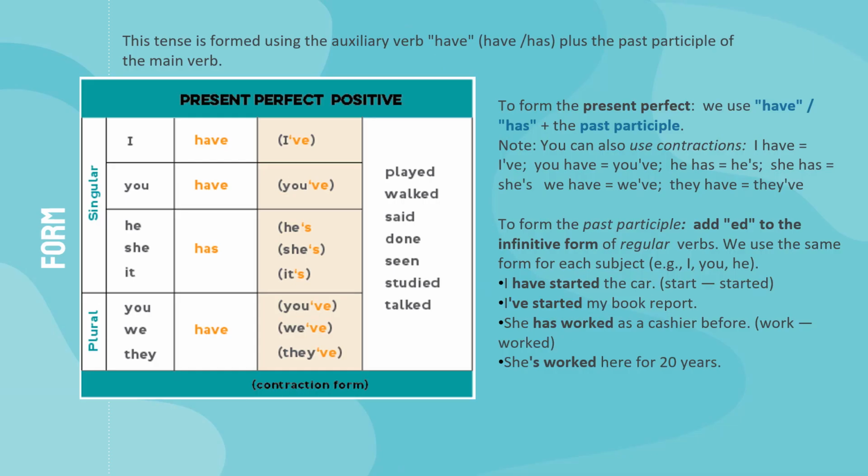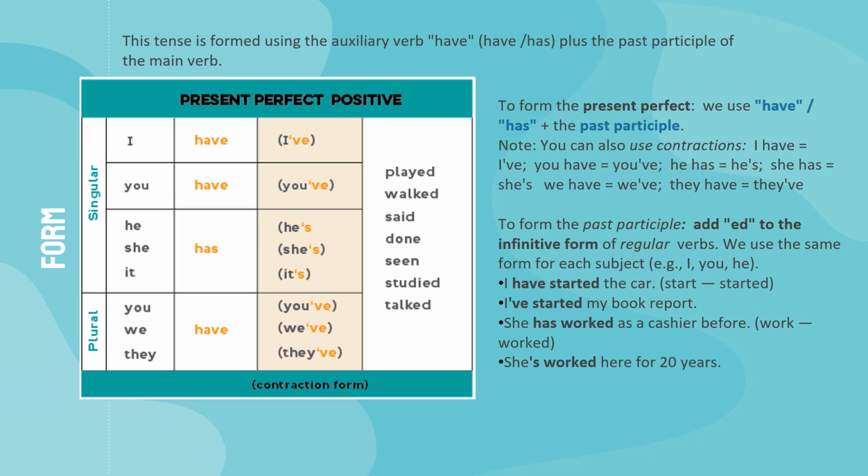This tense is formed using the auxiliary verb have or has plus the past participle of the main verb.